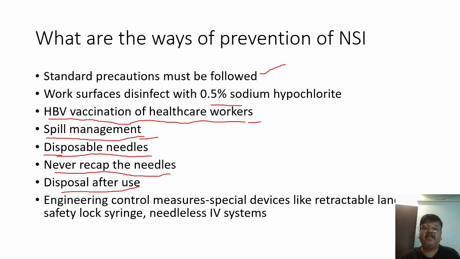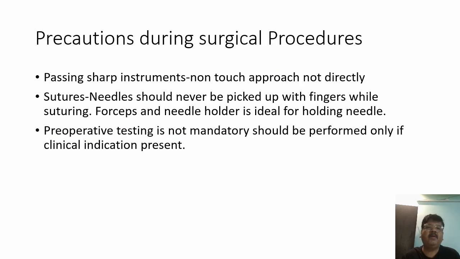Then engineering control measures like retractable lancets, safety lock syringes, and needleless IV systems. All these are engineering control measures, devices which are designed to prevent needlestick injury. Then percutaneous precautions during surgical procedures, passing sharp instruments.